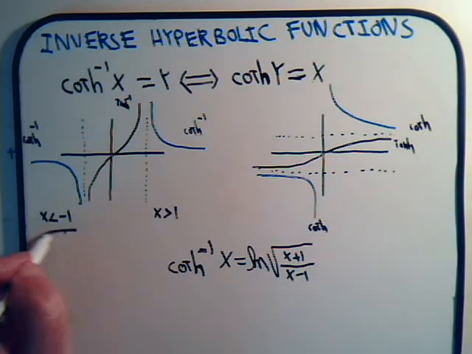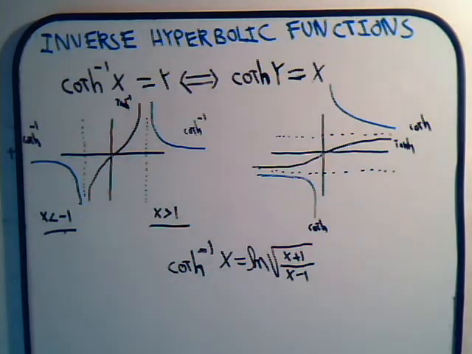And remember, x exists in these ranges here. Okay, that's it then. That should pretty much settle it for the inverse hyperbolic cotangent.